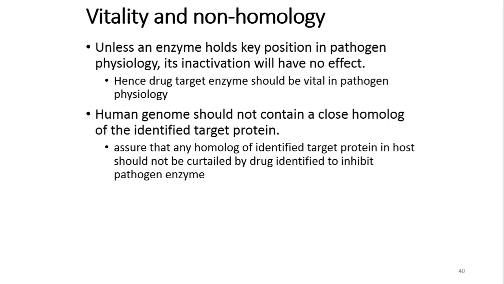To just give you an example, one might think of targeting your nucleotide biosynthesis pathway. Okay, so there are two pathways by which your nucleotides are produced in host cell or any cell as such. We call one the de novo pathway, and we call the other the salvage pathway.